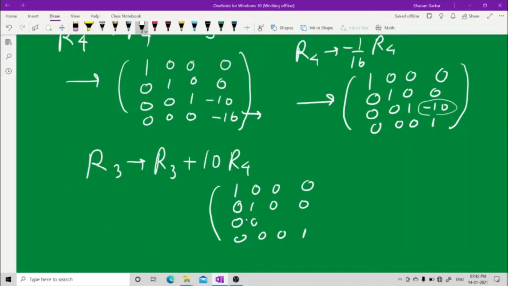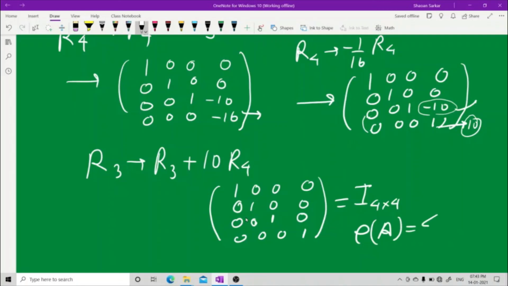Now 0 plus 0 is 0, 0 plus 0 is 0, and 0 plus 1 is 1, and then you are multiplying this row by 10 and adding to this row. Therefore this is now 0. Now this is nothing but the identity matrix of order 4 by 4. Therefore the rank of A here is 4. This is the normal form.